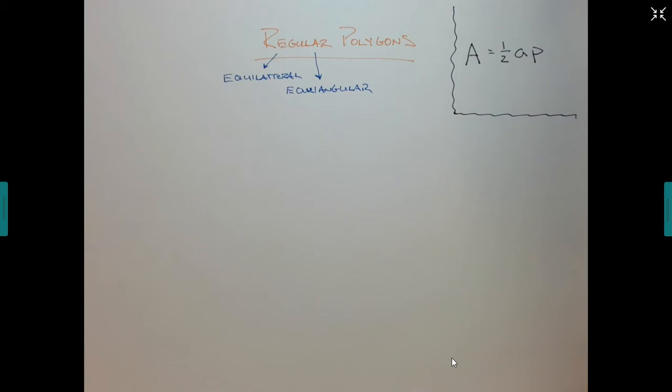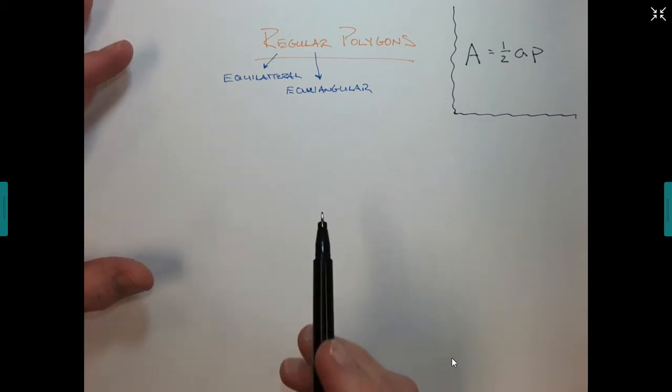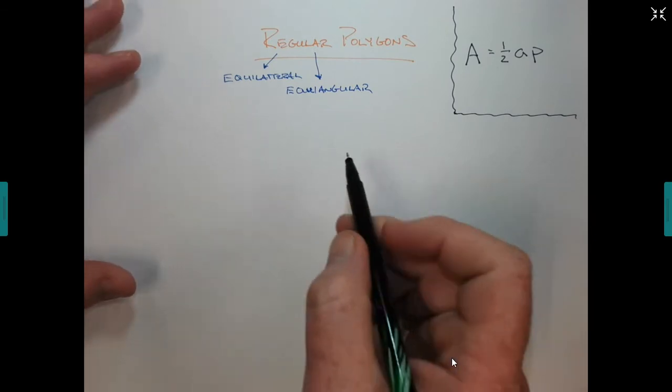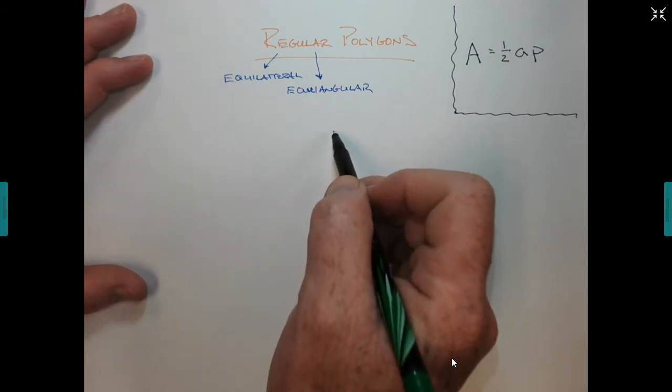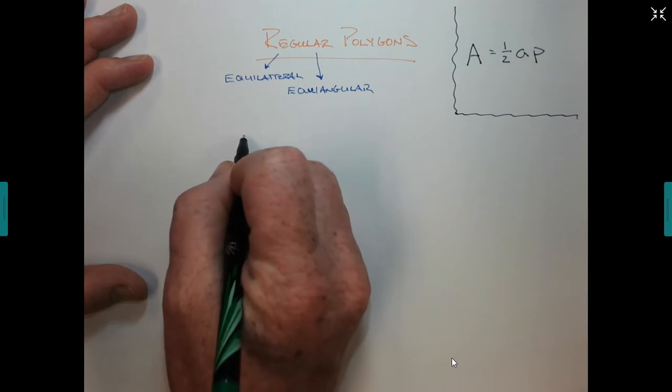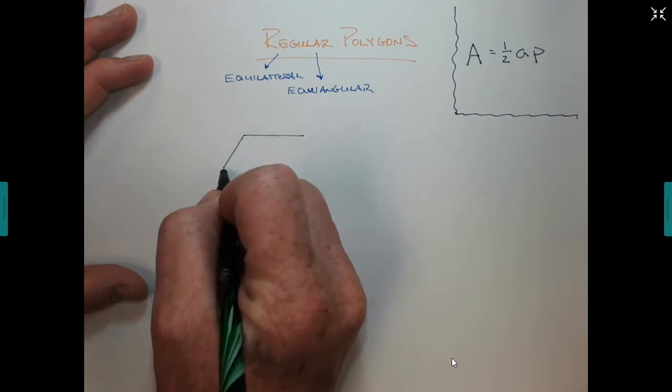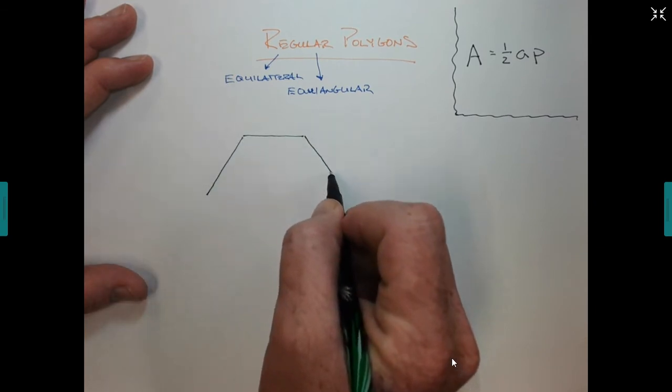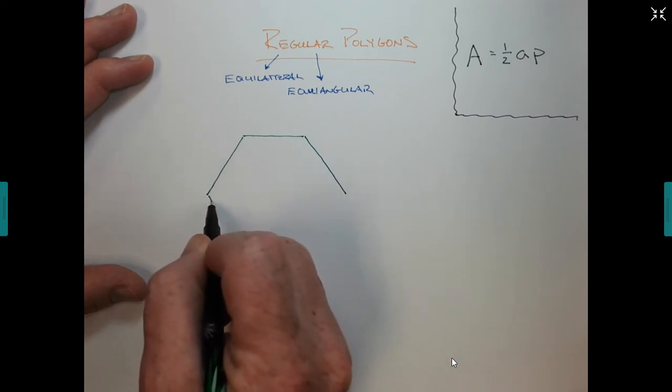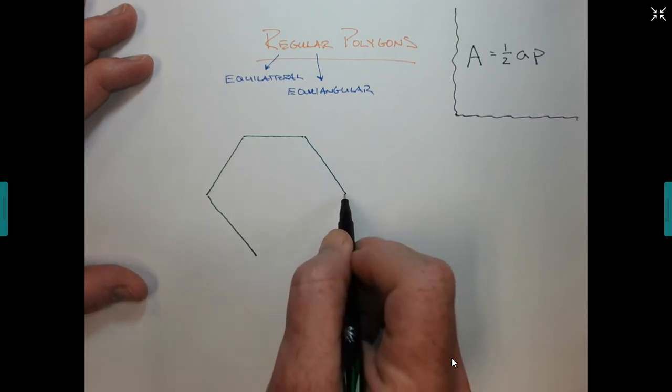Now that lowercase a does not refer to area, so that lowercase a is a new type of idea. So let's just take a look at one object here. I'm just going to go ahead and draw it as best as my artwork can do.